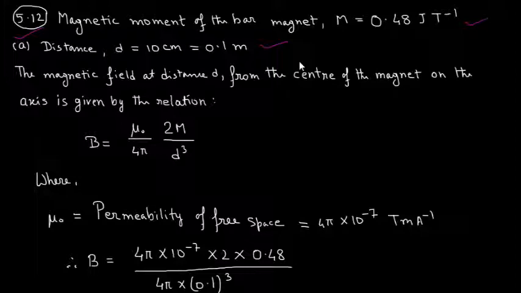Magnetic field at distance d from the center of the magnet on the axis is given by the relation B is equal to mu naught by 4 pi multiplied by 2M by d cube, where mu naught is the permeability of free space. Its value is equal to 4 pi times 10 to the power minus 7 T m A inverse.